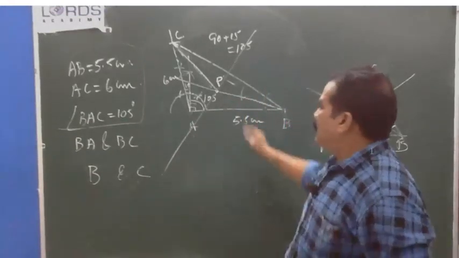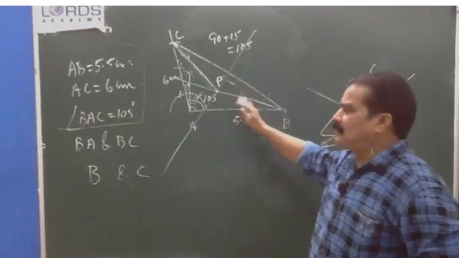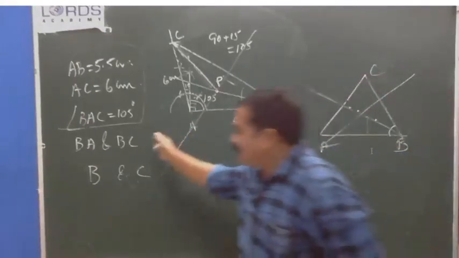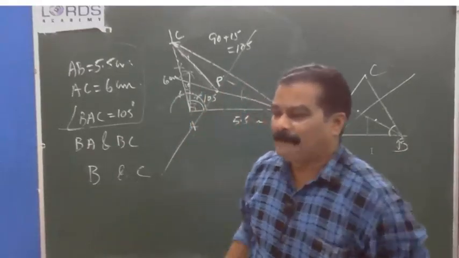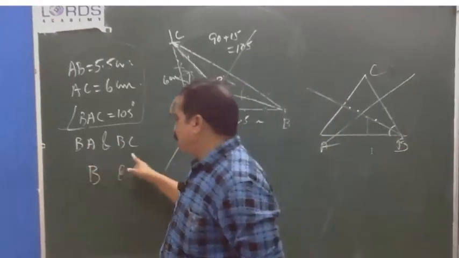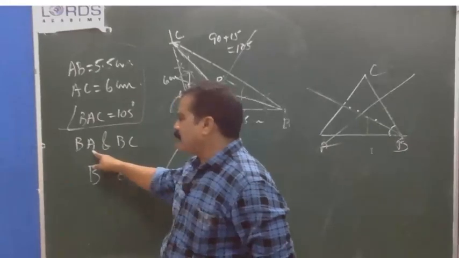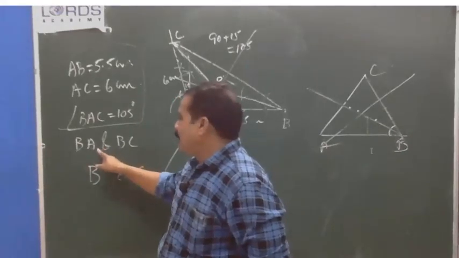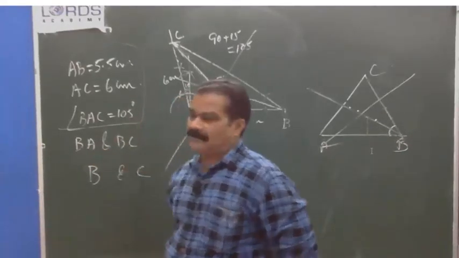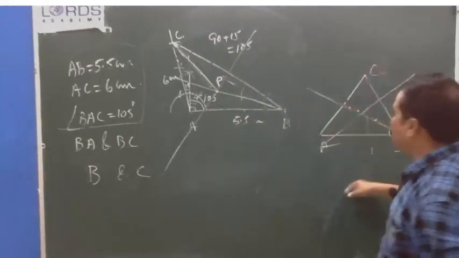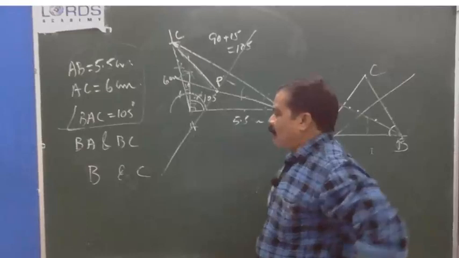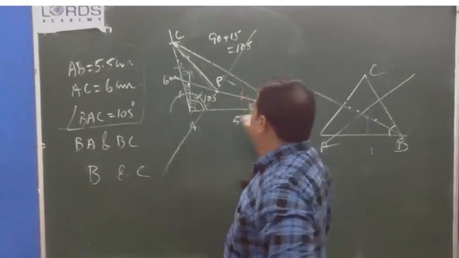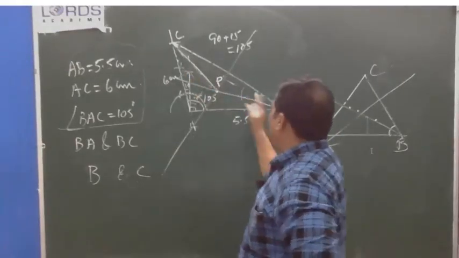Now, did you understand the point of the locus of points from BA and BC, and the locus of points from B and C? All of you? When you take BA and BC, you take the bisector of angle B, that is angle ABC. The locus of points from B and C means you take the perpendicular bisector of BC.